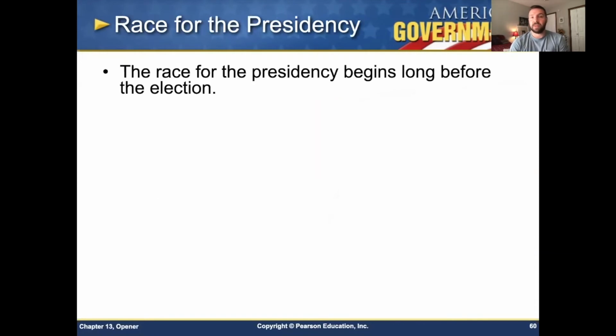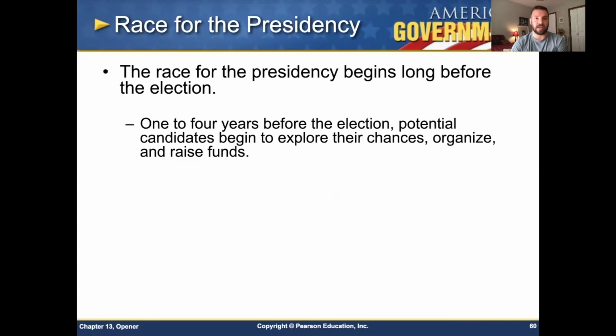So obviously, when you think about the race for the presidency, it begins long before the actual election. I'm channeling my Coach Matthews here. Like I already mentioned before, this race for 2020 started in like January of 2017. It's been going on for a long time.